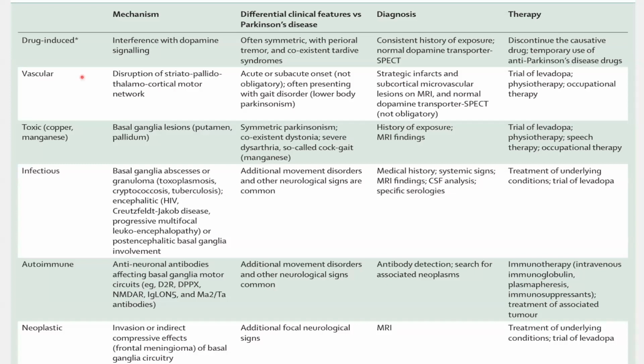Infections like toxoplasma, cryptococcus, tuberculosis, especially in the setting of immunocompromised status, and CJD will also cause Parkinsonism. Autoimmune causes like DPPX, NMDAR, and other antibody-mediated autoimmune encephalitis also cause Parkinsonism. And the last one is neoplastic, like direct invasion or secondary to paraneoplastic manifestations of the malignancy. The patient will have Parkinsonian features.